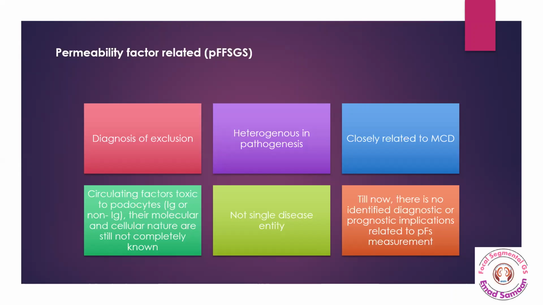The first one, the previously known primary FSGS, newly known as the permeability factor related FSGS, is a diagnosis of exclusion. Also heterogeneous in pathogenesis, closely related to the minimal change.